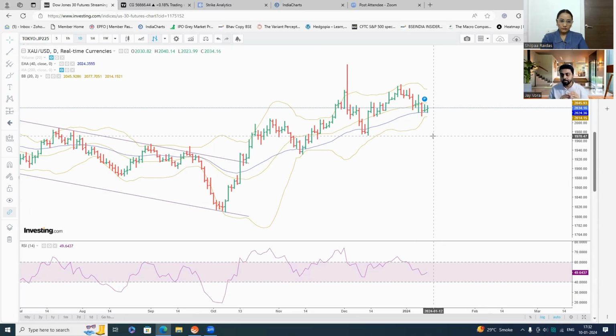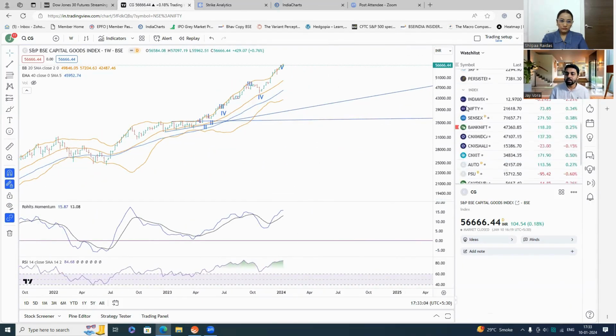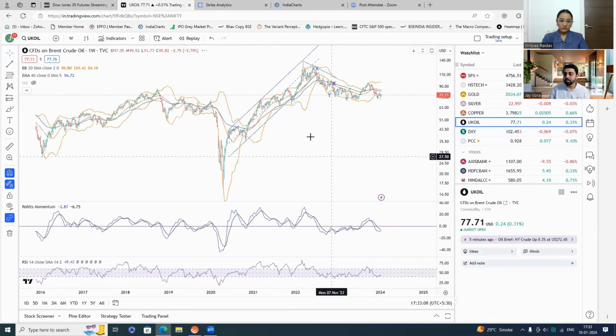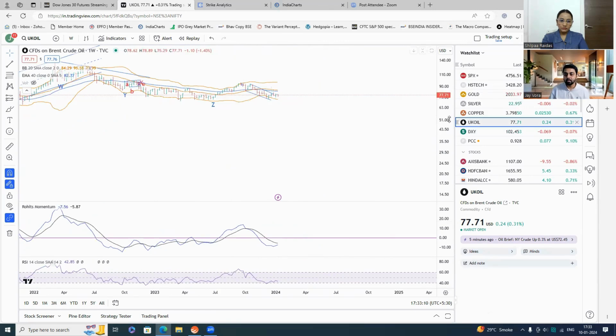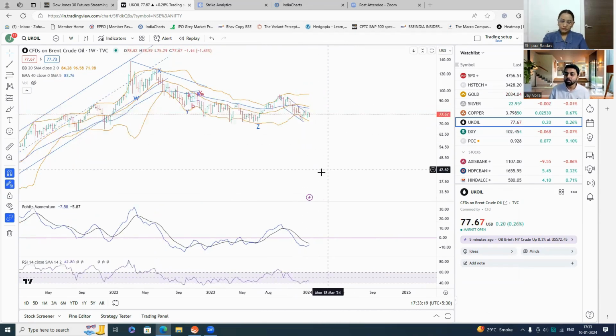should correct. And the other thing, which probably not many people are taking notice of, is that Brent crude has been continuously falling, and people normally say that a falling crude is good for the Indian economy, but it also tells you that the global market is weak.